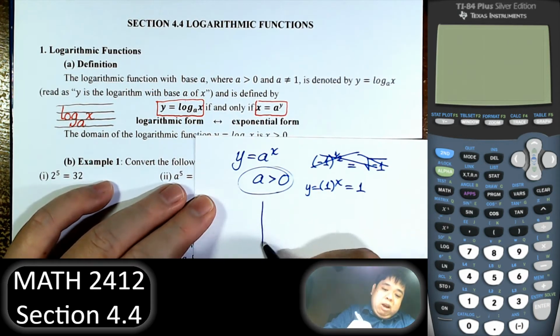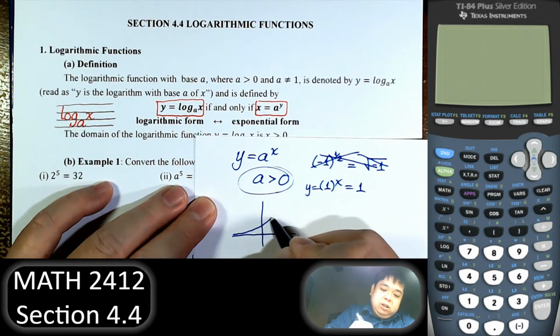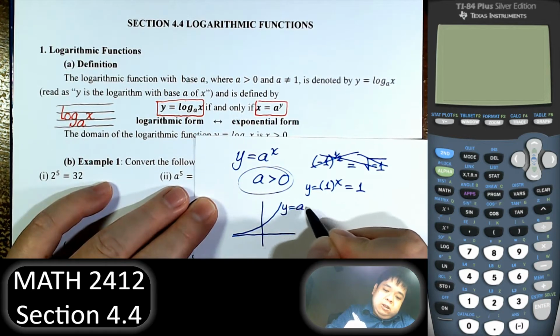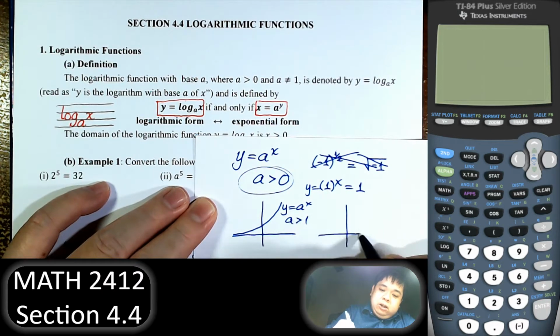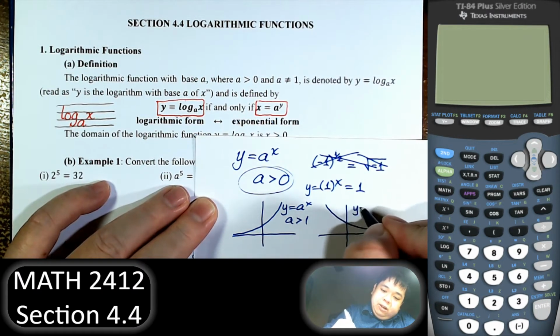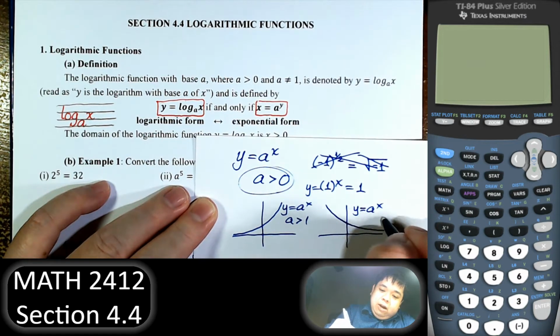And by the way, the graph of the exponential function could be like this when a is bigger than 1, and the other way around if a is between 0 and 1.